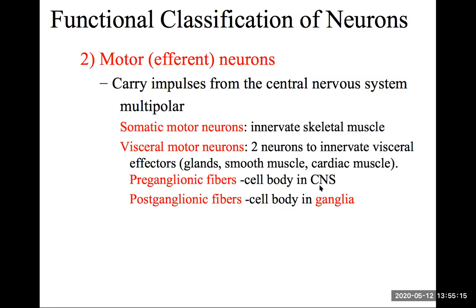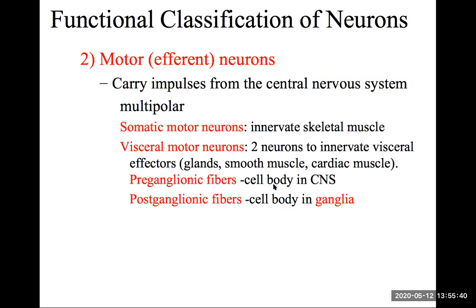So most of the neuron is outside the central nervous system, but the soma is safely protected within it. Most likely this is going to be a spinal nerve. This first axon that leaves the central nervous system is called the preganglionic fiber. Remember, an axon can also be called a nerve fiber, so that's where that comes from.